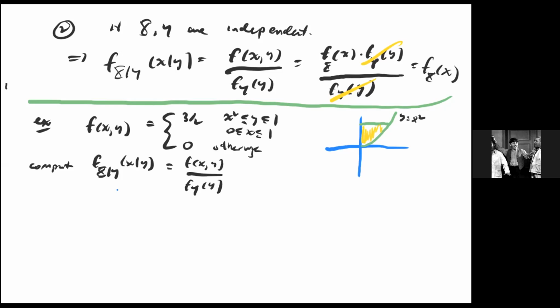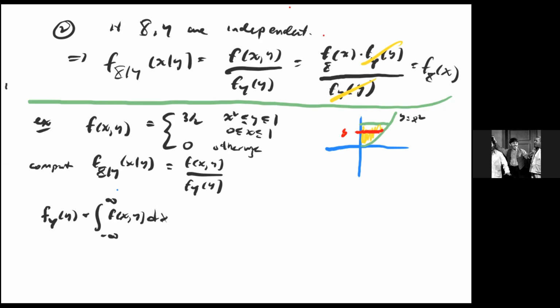So f sub y of y is the integral from minus infinity to infinity of f of x y dx. That's the definition. Now, if you want to figure out what that is, for a given value of y on the y-axis, the only thing that matters is y should be going from 0 to 1, and we are going to integrate this for that given y, along this little segment. And what is that segment?